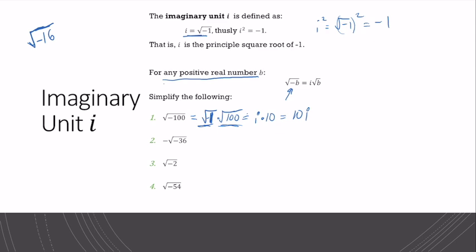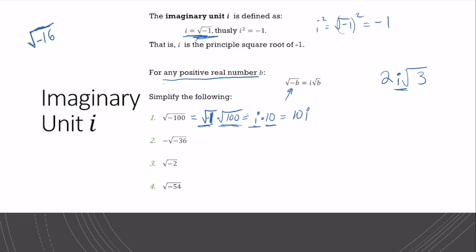The square root of negative 1 becomes an i, and we simplify our square root. So the order in which we're going to represent things is our real number first, our constant, followed by an i, and then followed by the radical. And we treat i kind of like we treat variables, but we need to remember that i stands for the square root of negative 1.